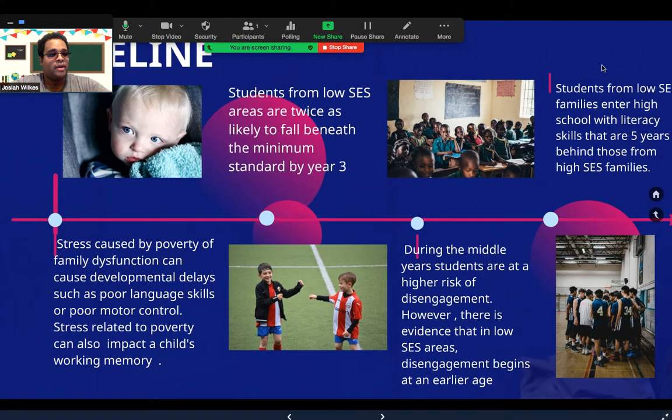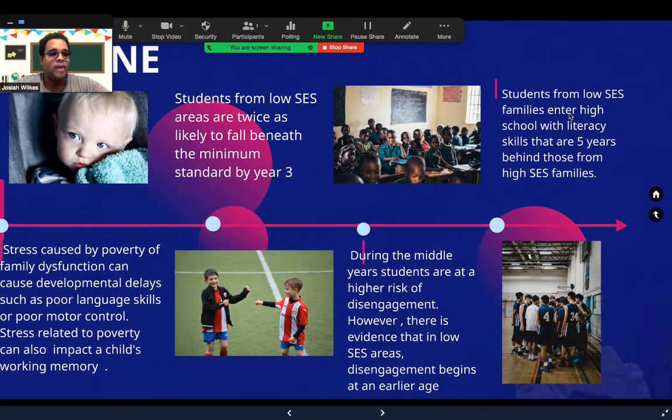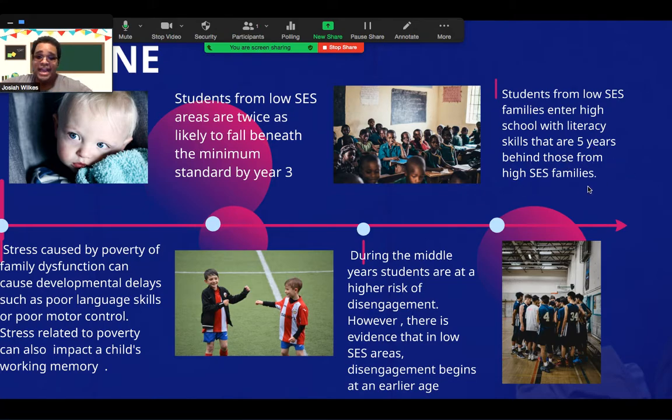Students from low SES families also enter high school with literacy skills that are 5 years behind those from high SES families. So in a high SES family, in a wealthy family, your family probably has more books, more technology. You probably have a parent that doesn't need to work full time, or you might have a parent that doesn't work at all and might be able to spend all their time with their children.